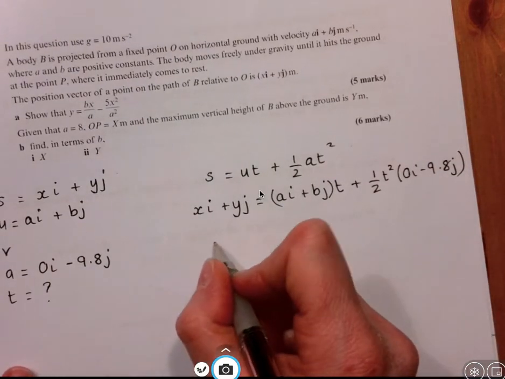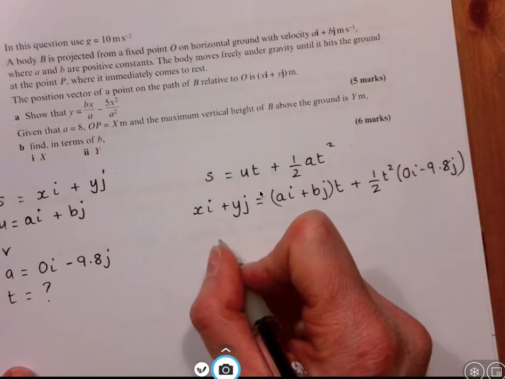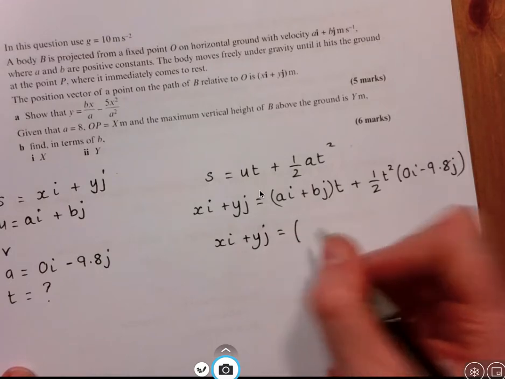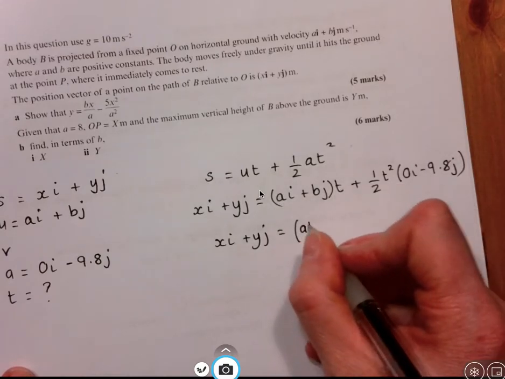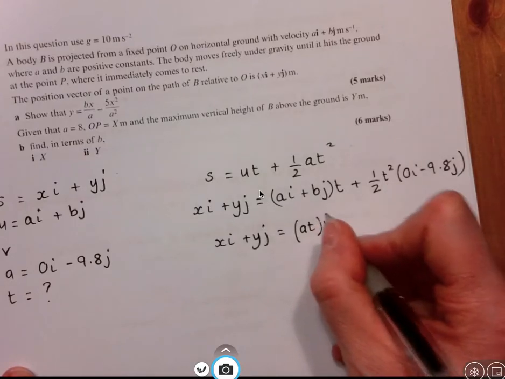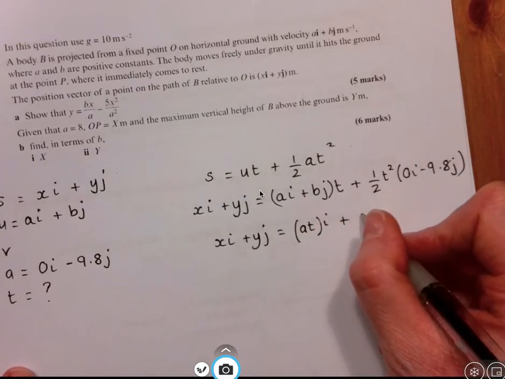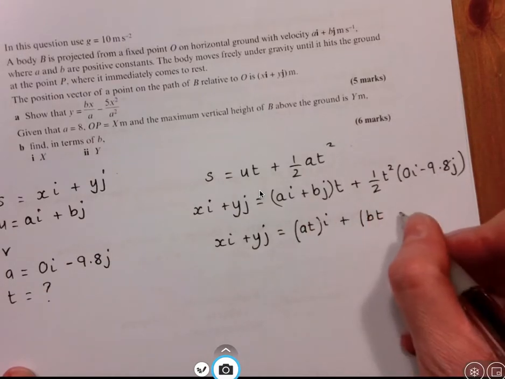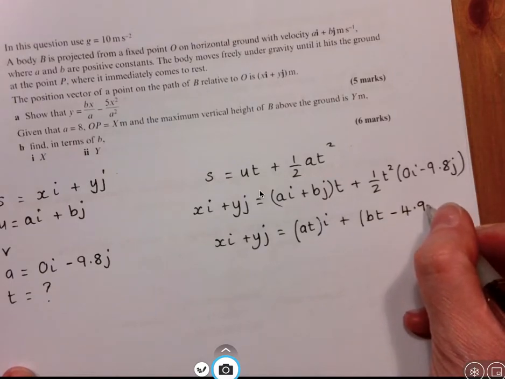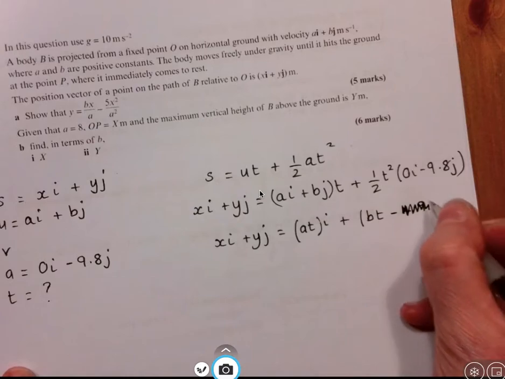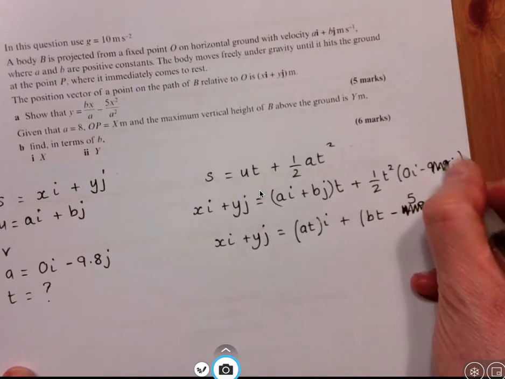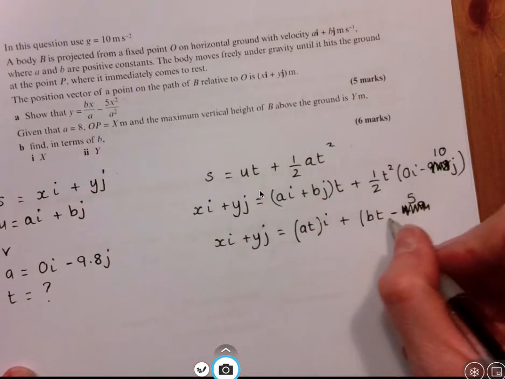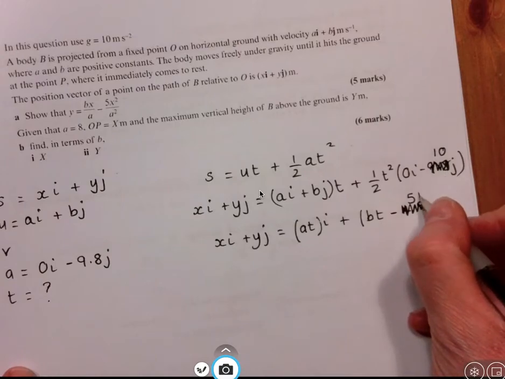If we make that look a little nicer, you've got xi plus yj equal to at in the i direction, and in the j direction you've got bt minus half of 9.8, so minus 4.9. Oh, sorry, g is 5, so ignore that. It should be 10j because it said g was 10, so that should be bt minus 5t squared j.